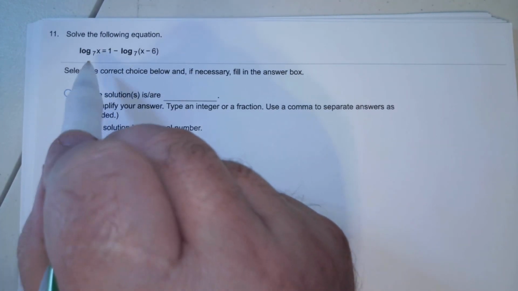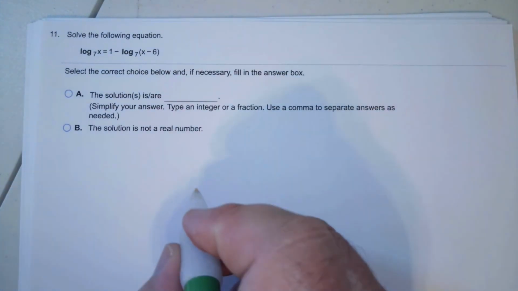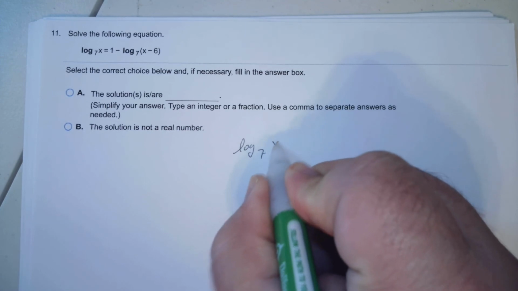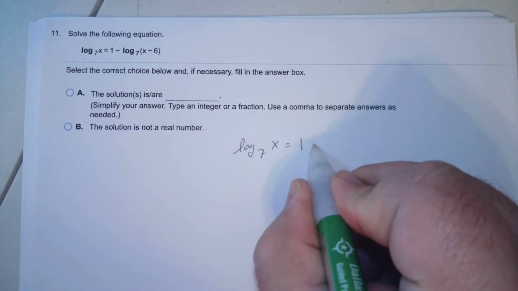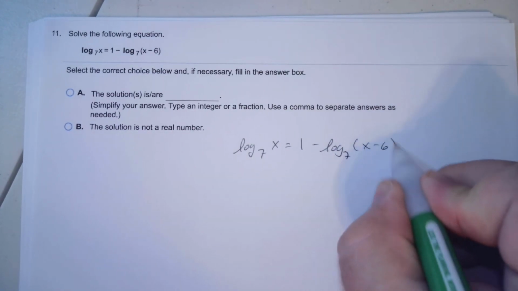Okay, solve this equation. So we have logs on both sides. So we have to get the logs all on one side. So we have log base 7 of x equals 1 minus log base 7 of x minus 6.